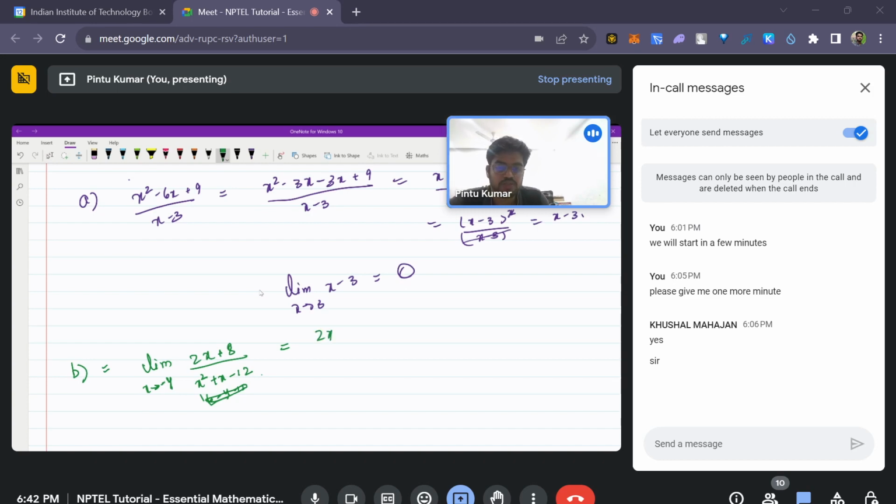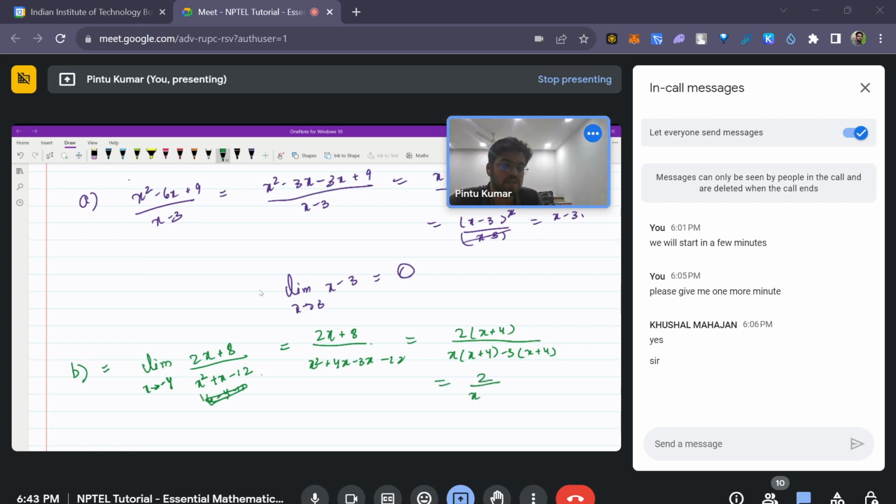So the top term is 2x plus 8, divided by x square plus 4x minus 3x minus 12, and this is 2 times x plus 4. If you take x plus 4 common, in the denominator you will be left with x plus 4 times x minus 3. So you can cancel out x plus 4 and you will be left with 2 upon x minus 3.